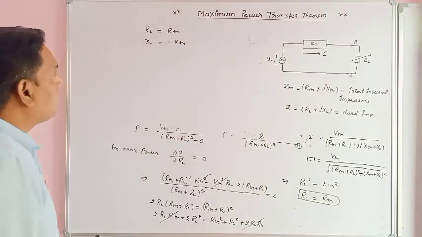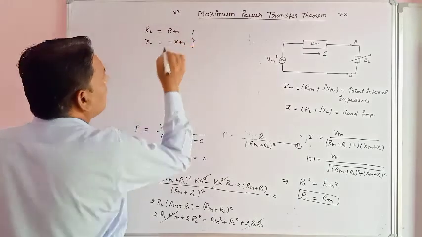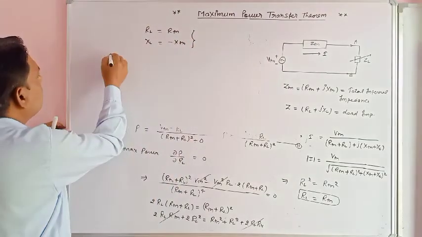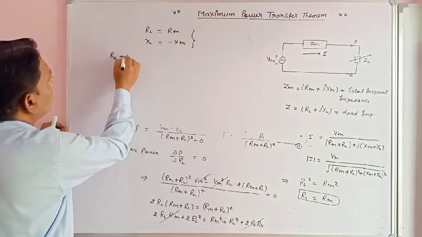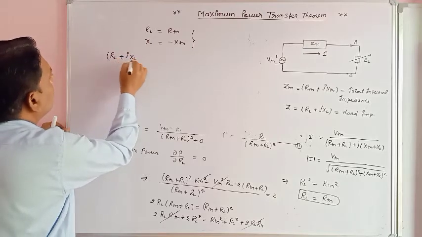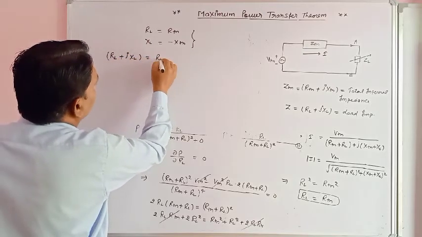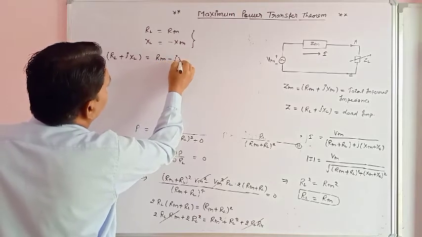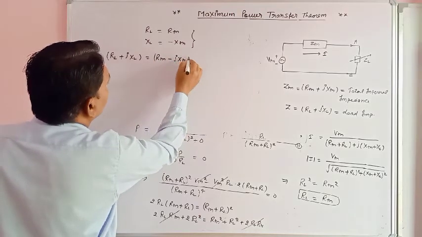If we write these two parameters in terms of impedance, this will be the real quantity RL plus the imaginary quantity jXL, equal to RTH, the real quantity, minus jXTH, the imaginary quantity. What is this?